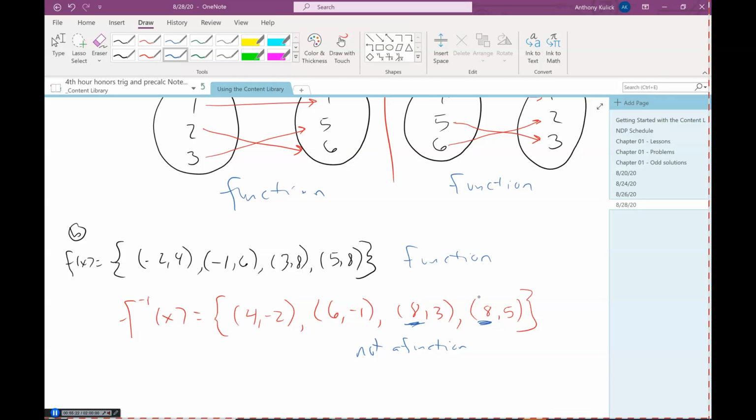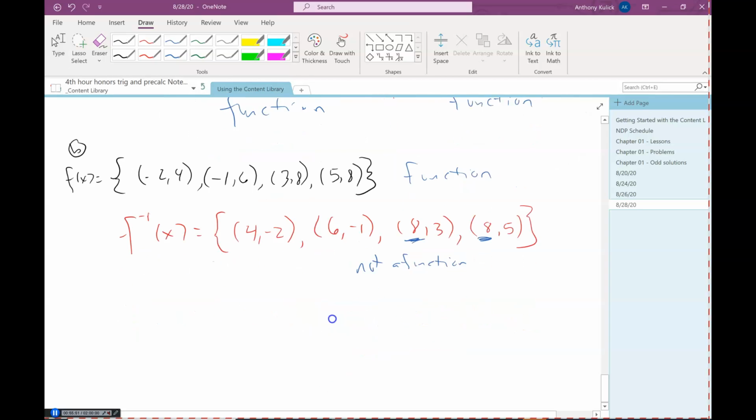So sometimes the inverse is a function, and sometimes it's not. Is there going to be a way to predict when the inverse will be a function? Yup. But we need some definitions first.